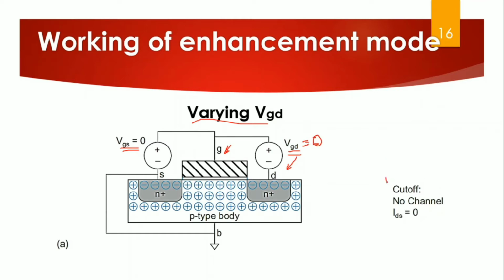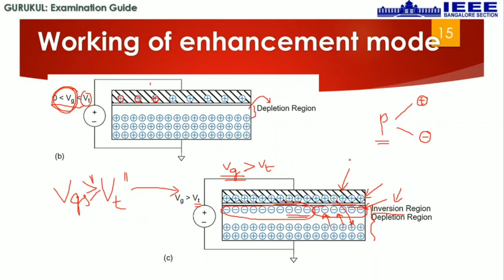It means that there is no channel formation because VGS is 0. Therefore, this region is called cutoff, and there is no current flow. In the previous diagram, the electrons that were accumulated below the gate are called the channel, and the channel helps in the conduction.